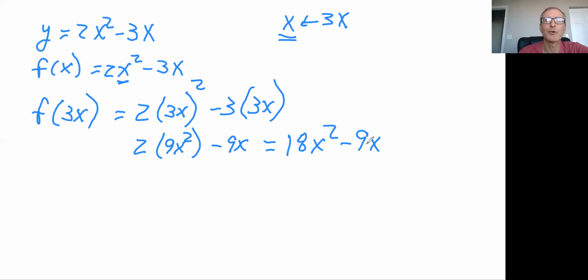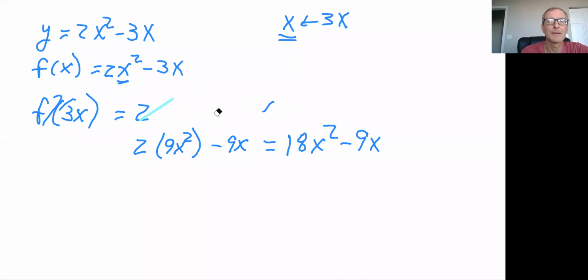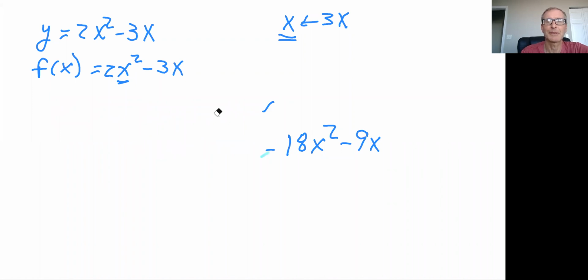So let's do a couple more of these. Okay, get a feel for what's happening. So what happens if we do this? And instead of putting it inside, we do something like this. Say like we do 3 f of x.